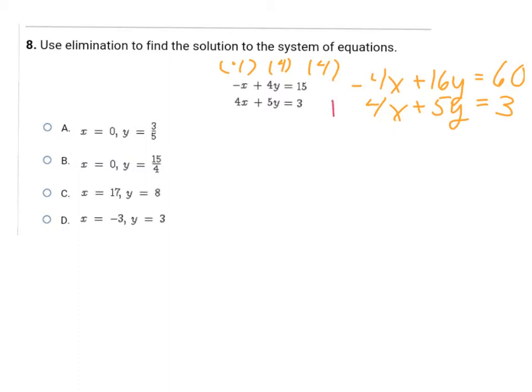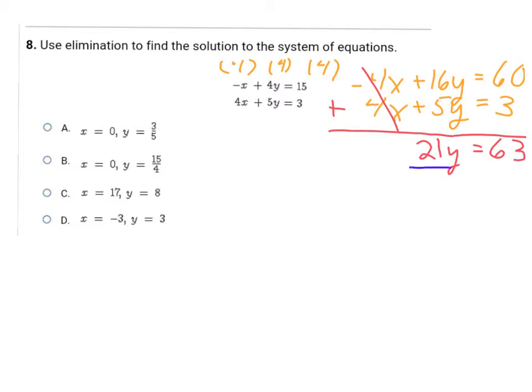Negative 4x plus 4x is 0, so those cancel out, and that's the whole purpose of opposite coefficients, to get them to cancel. So that's a very good thing. 16y plus 5y is 21y equals, and then 60 plus 3 is 63.